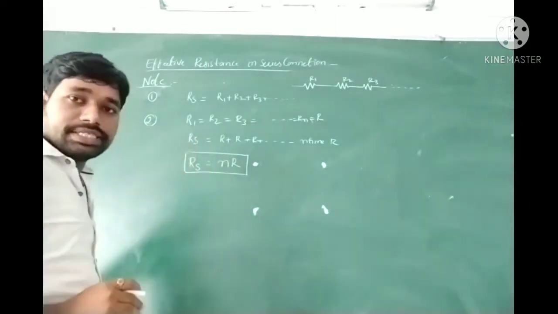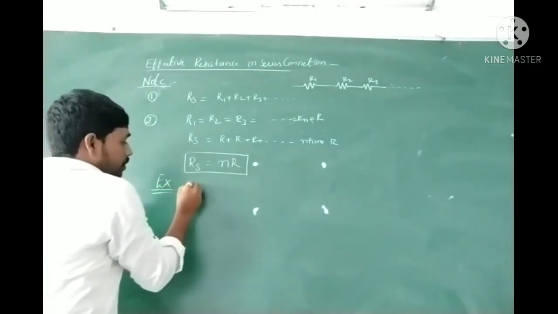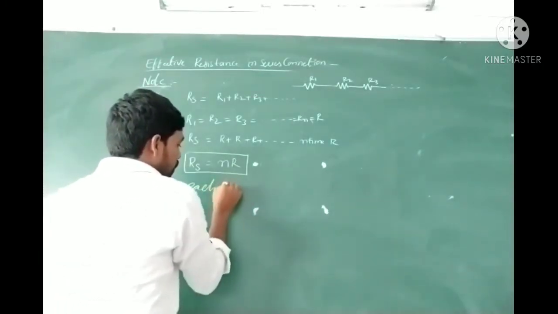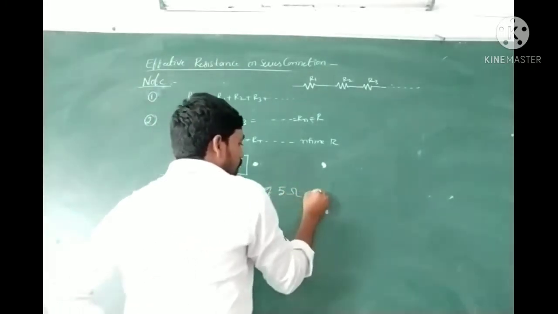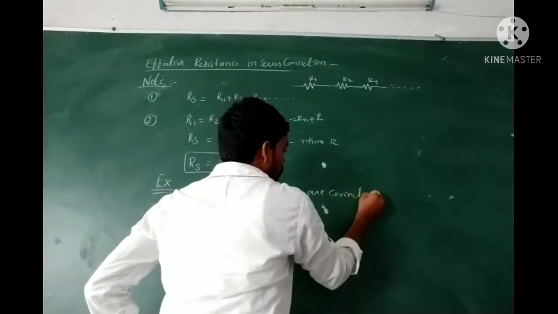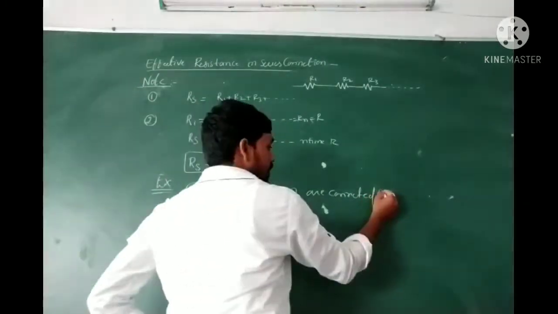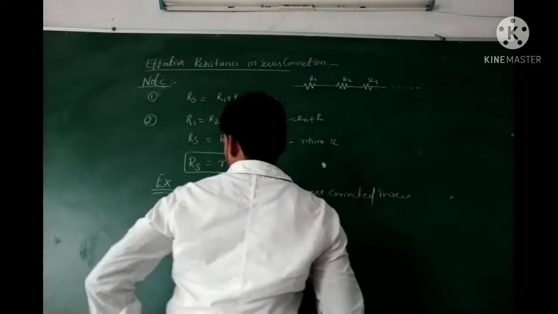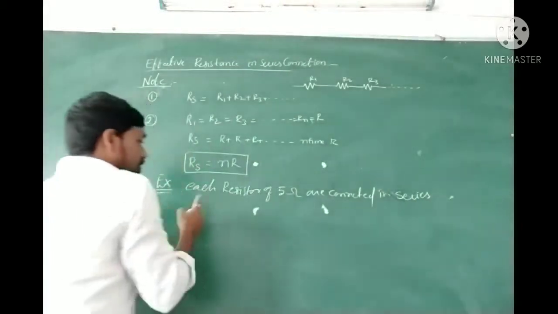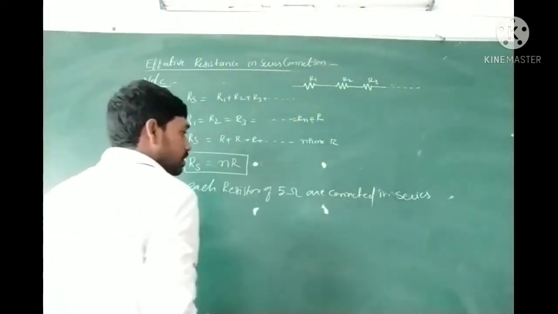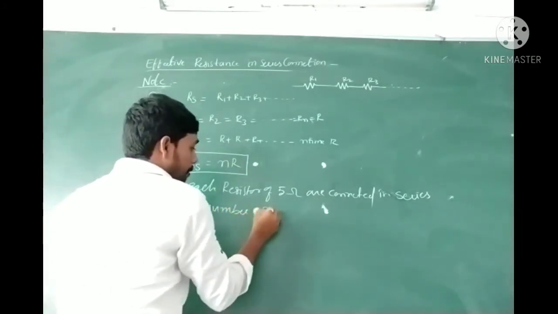Suppose each resistor of 5 ohms is connected in series, and the number of resistors is 20.